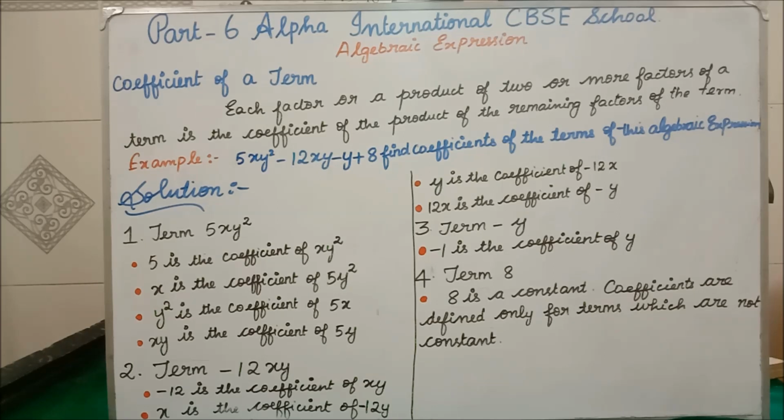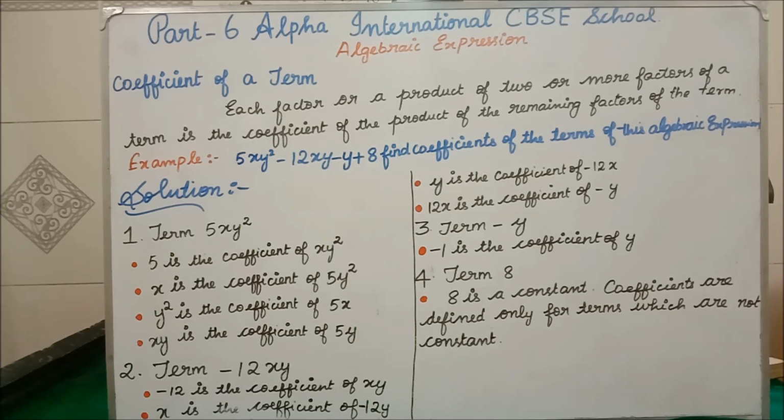So if you see the first term, we have 5xy square. I have written 5. We are going to find the coefficient of 5. If I take this 5, then what are the remaining factors we have? xy square. Therefore, the coefficient of 5 is xy square.